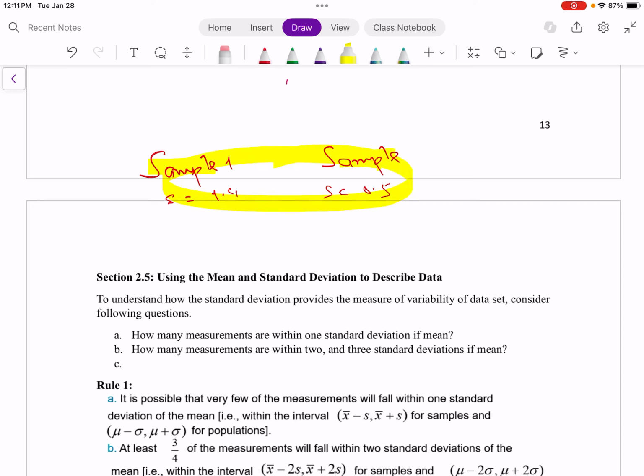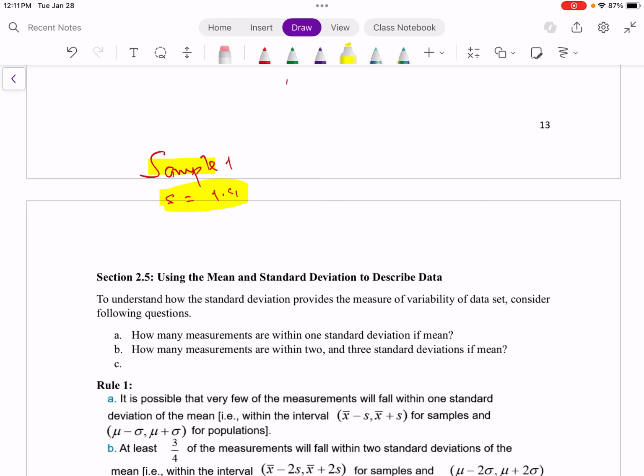Sample 2 has a smaller standard deviation, which means less spread. But if we are given only one sample with standard deviation 1.4, that information may not be enough for us to describe sample 1.